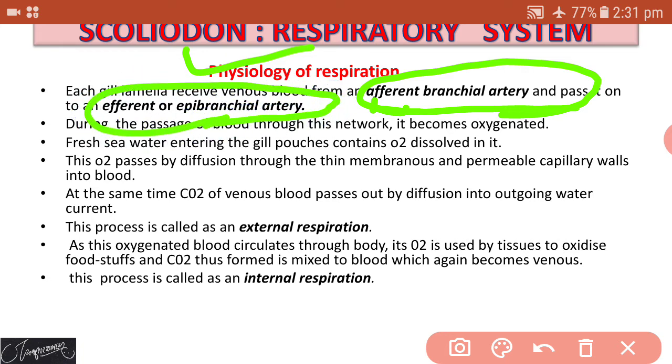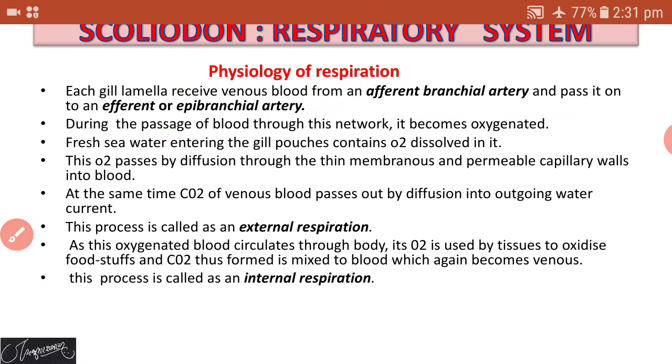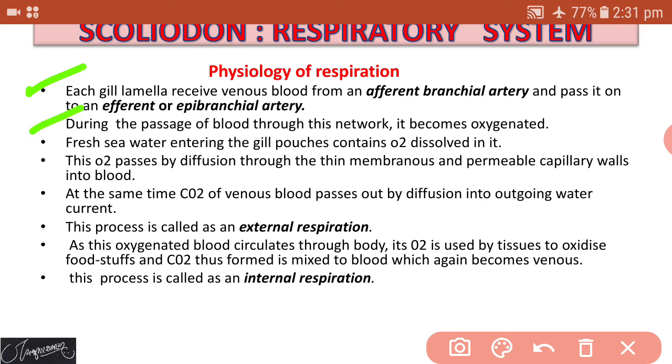These are the two main arteries connected with the gills: the afferent branchial artery and the efferent or epibranchial artery. Afferent means towards and efferent means away from. During the passage of the blood through this network, it becomes oxygenated.